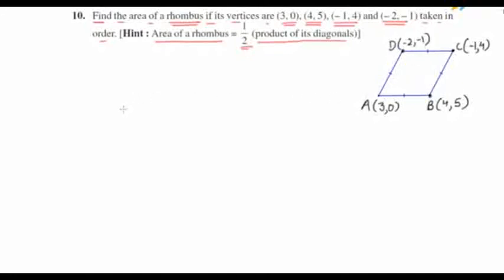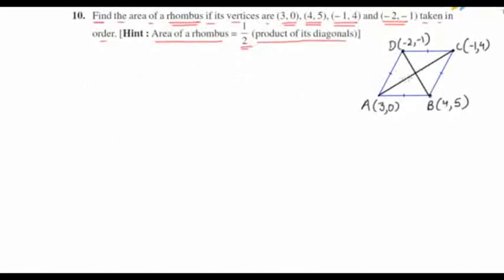We have to find the area of this rhombus. The hint is that the area of a rhombus is half into the product of diagonals. That is, the diagonals will be AC and BD. It means we can find the lengths of the diagonals AC and BD and put them in the formula, and that will be the area.